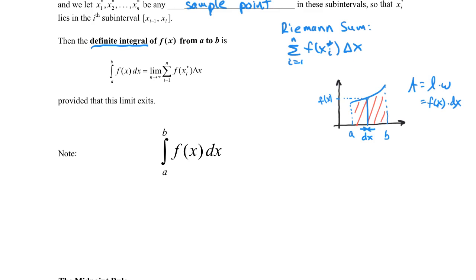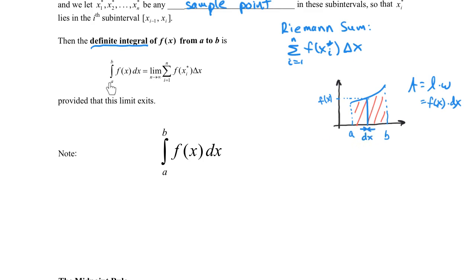So this little s here, Leibniz used this because it looked like an S. And the S is to think of sum, like the word sum starts with an S. So just to make note of this notation, we can see from the picture it's the sum of all of these areas, length times width, these infinitely thin areas.